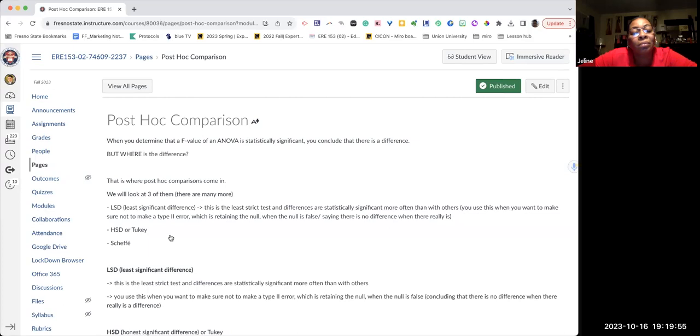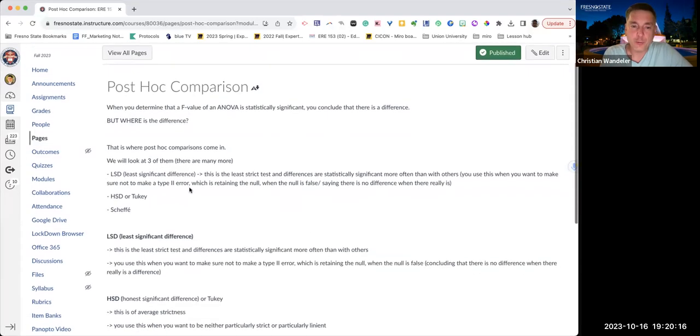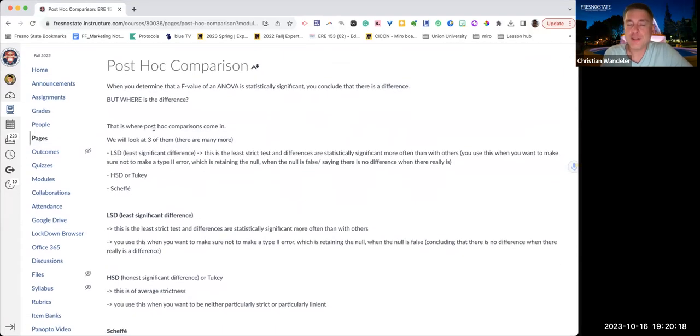If the ANOVA is not significant, then you can already confidently state there's no difference, and basically you're done. The groups are not statistically significantly different. If there is a significant ANOVA, then we go to step 2, where we use the post hoc. Post hoc means after the fact, right?